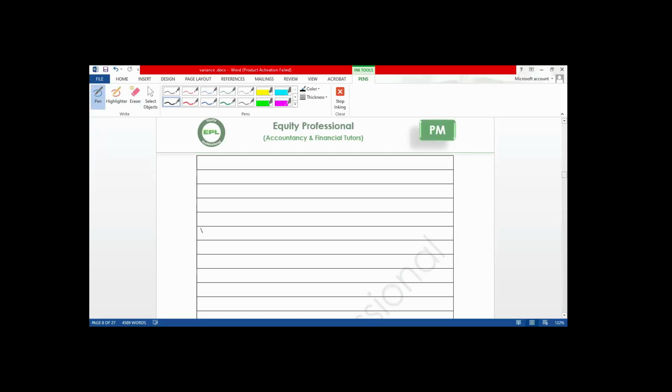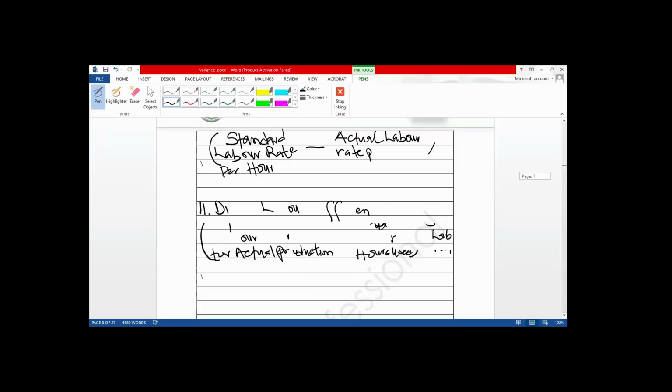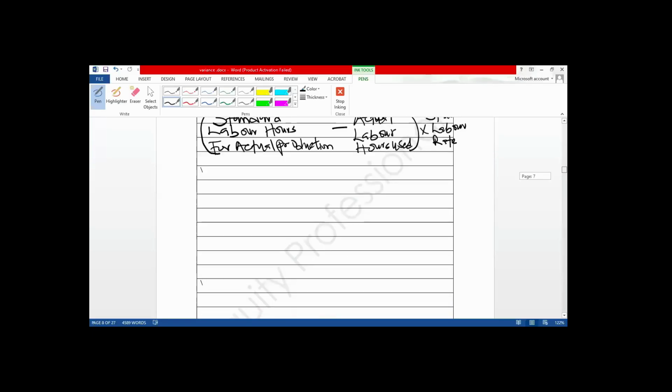Number 3 category: variable production overhead variances.